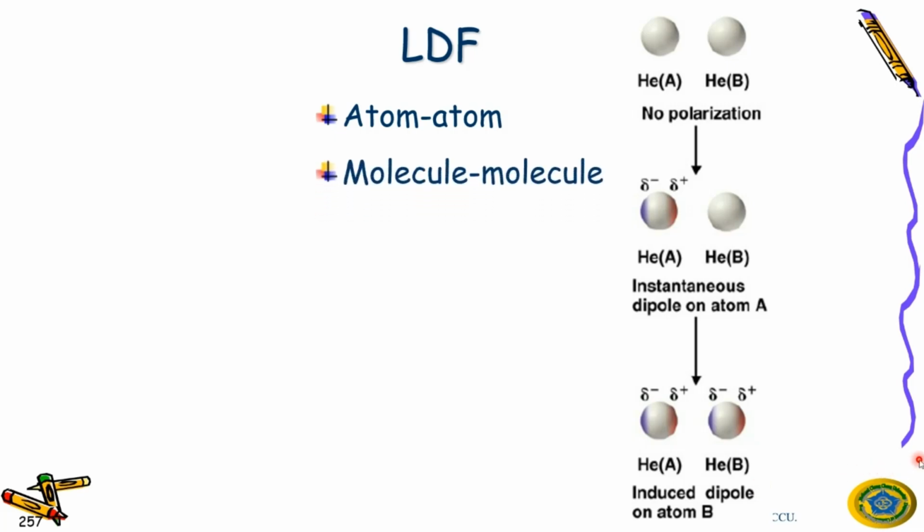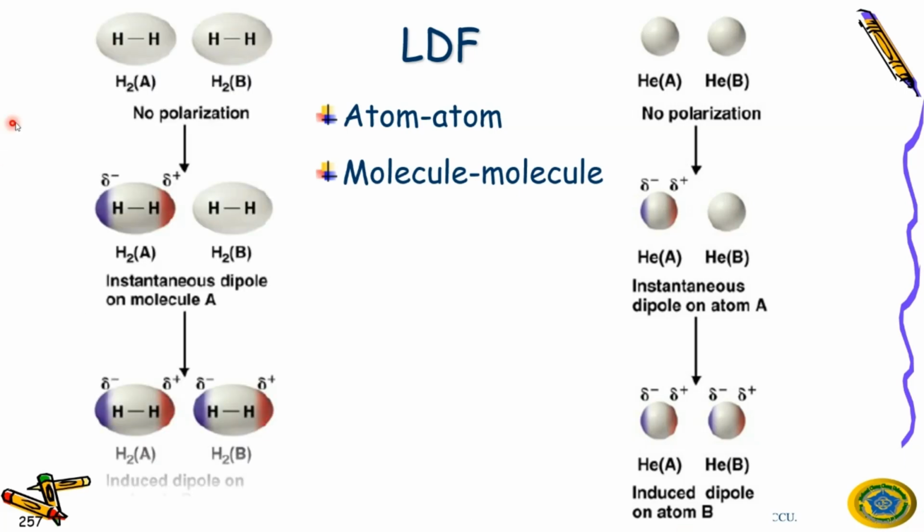How about molecule to molecule? For example, if you have hydrogen gas, which is not polarized, and if they are close enough, there is an instantaneous dipole on molecule A at time 1.